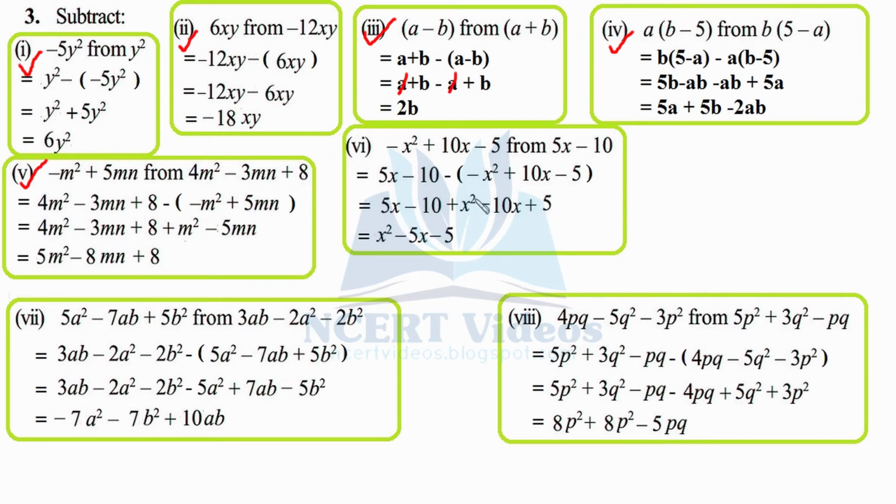Here writing first the highest power variable, we have only x square, writing it here. With variable we have this and this, minus 5 and minus 10, plus 5 and minus 10 will give you minus 5 because we have greater number with negative sign, and we have two constants left, minus 10 and plus 5 gives you minus 5.